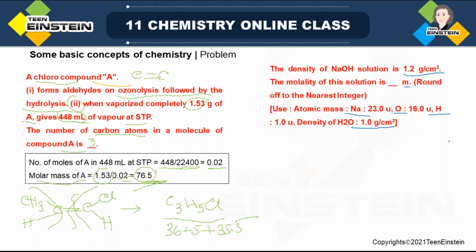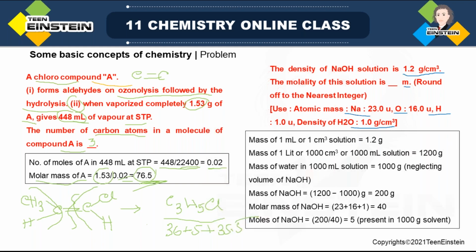It means if you take 1 cm cube of solution, the corresponding mass will be 1.2 gram. Or if I say 1 ml, that is also fine, because ml and centimeter cube are both the same. So the mass of 1 ml solution is 1.2 gram.